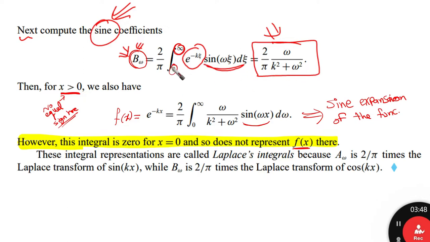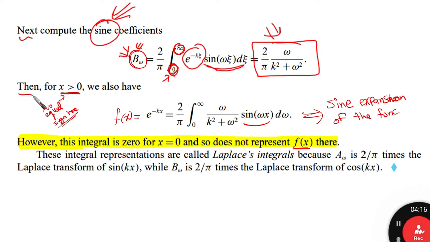Remember this is from 0 to infinity, not minus infinity. Also remember that the sine function disappears when we put our independent parameter equal to 0.